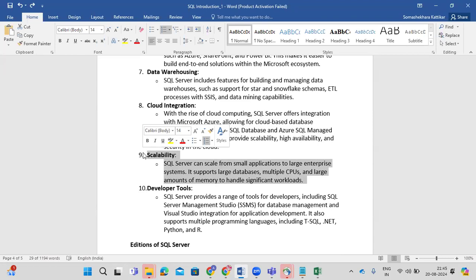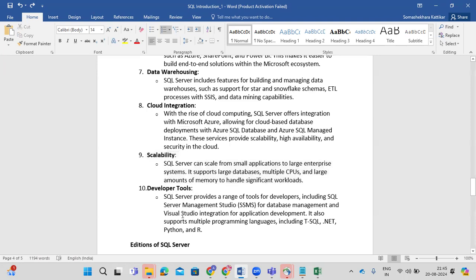For the small business you can use SQL Server, and for the large business you can also use SQL Server, but the configuration will be different. For the small business, you can install with small configurations. For the large business, you can install with a very high configuration. That is the meaning of configurations.